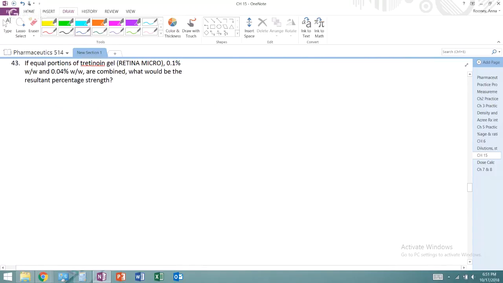All right. If equal portions of tretinoin gel, 1% weight per weight, and 0.04% are combined, what would be the resulting percentage strength? So let's say hypothetically that we add 1 milliliter of this, of both. Okay, so we would have 1 milligram, let's say hypothetically, and 0.04 milligrams.